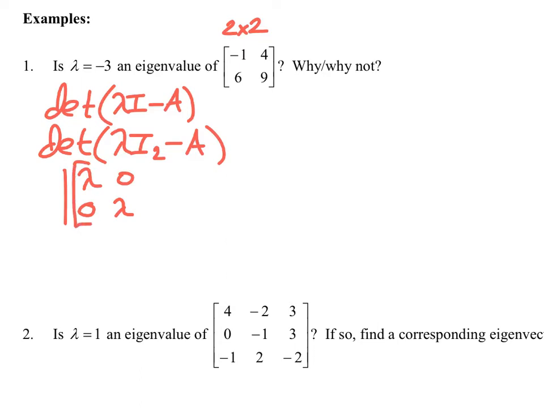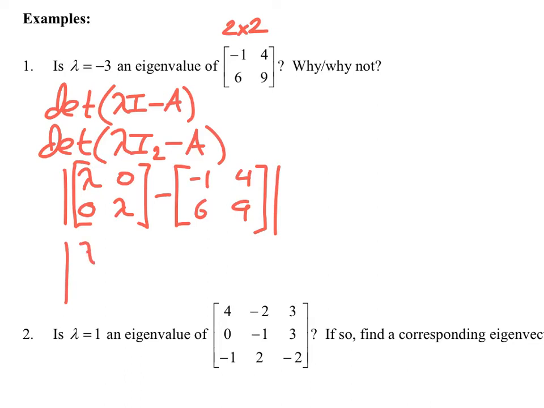Now that's right, but we have to subtract from that A. And then find its determinant. All right. So we're looking at lambda minus -1, so lambda plus 1. 0 minus 4, so -4. 0 minus 6, -6. Lambda minus 9.